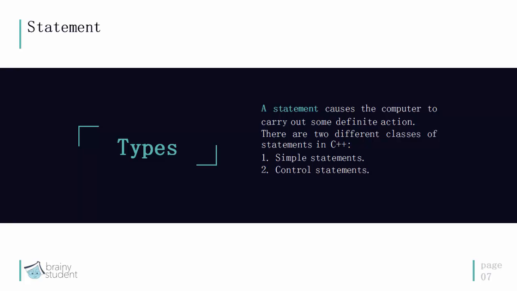To carry out any definite action, we provide a statement, and our computer will work according to that instruction. So we will study simple statement and control statement in C++.